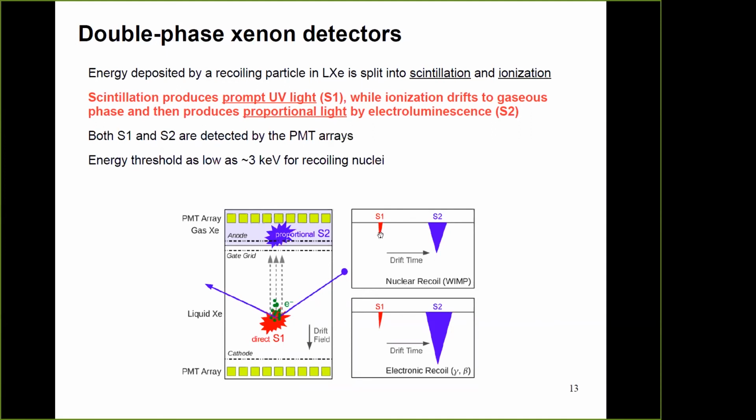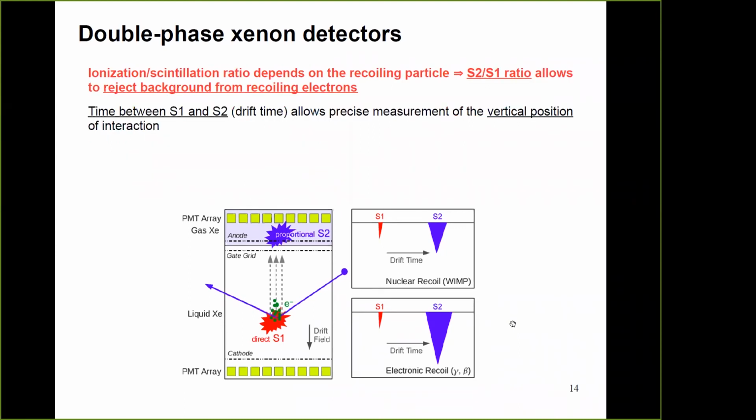So the signal that we have is the prompt scintillation followed by the proportional signal after a delay time, which is the drift time. And these are the two signals that allow us, first of all, to see the recoil and then to discriminate it. And there are several pieces of information that we can extract here. So one is that the drift time depends on the depth.